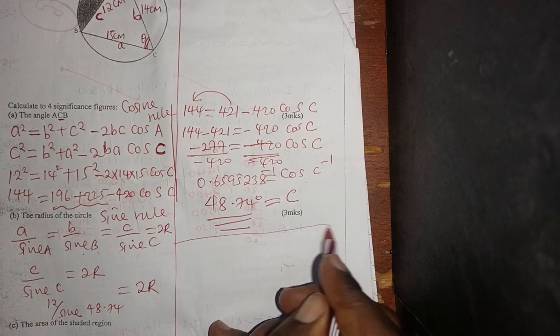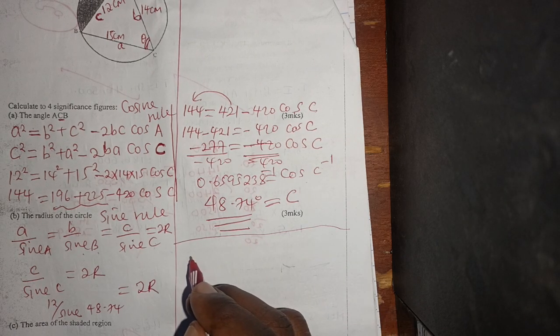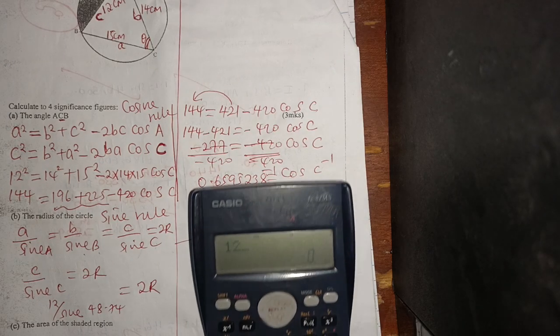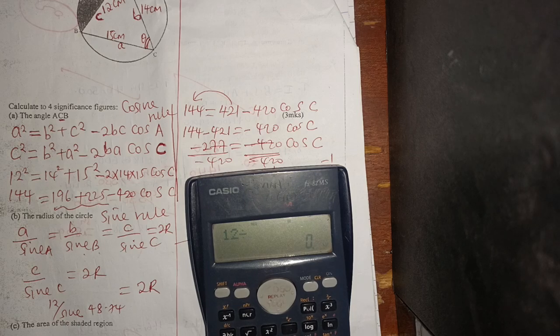So we'll have 12 divided by sine 48.74. That gives us 15.96. That is correct. 12 divided by sine 48.74.